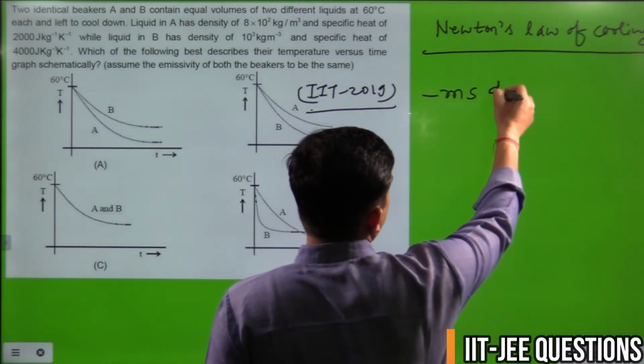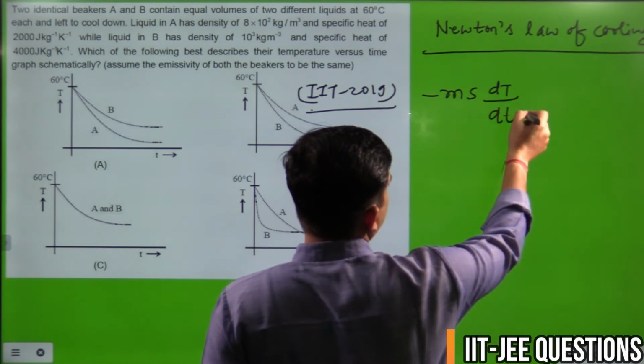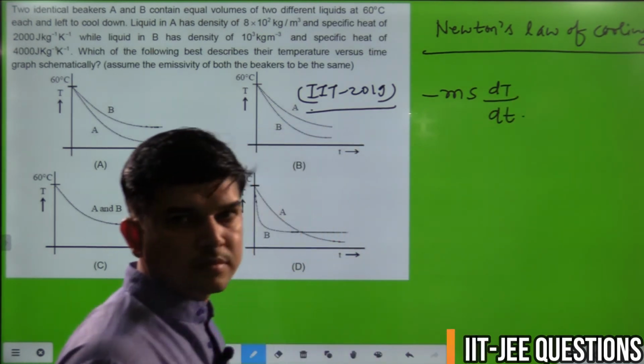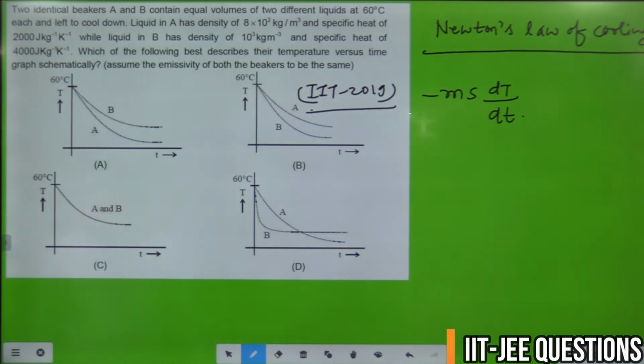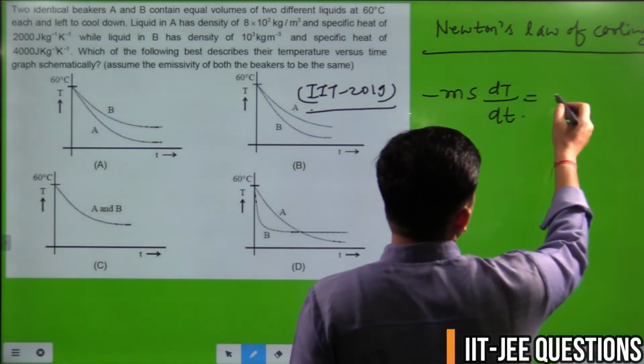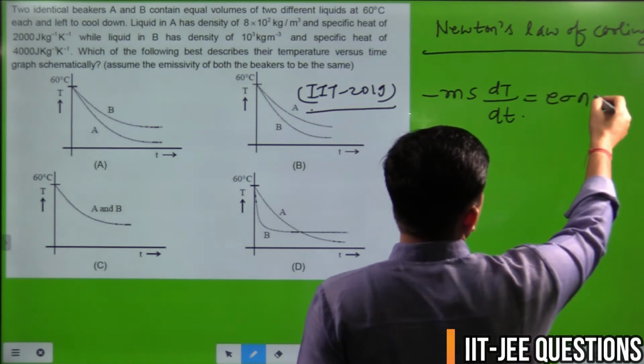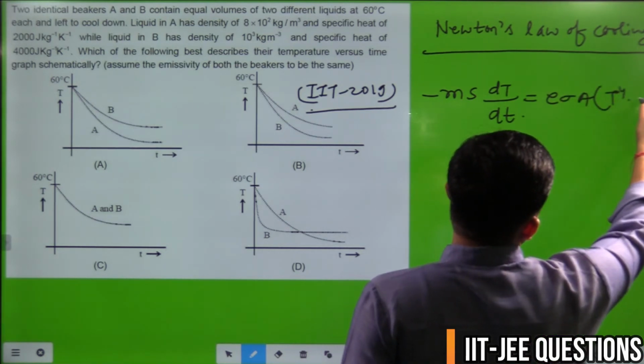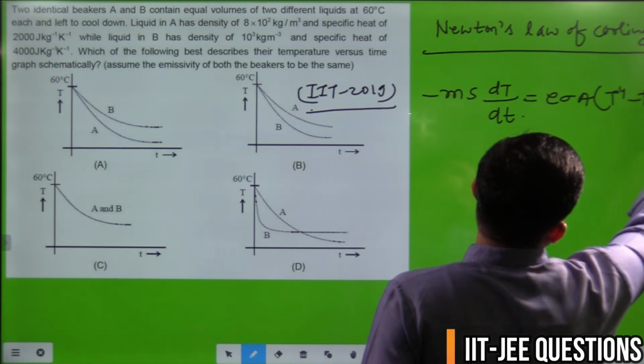Minus m s dT by dt equals e sigma A (T to the power 4 minus T naught to the power 4).